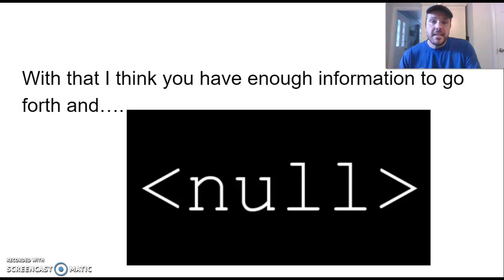And three, you should have enough information to come up with a numbered step procedure. So step one, do this. Step two, do this. Step three, do this.